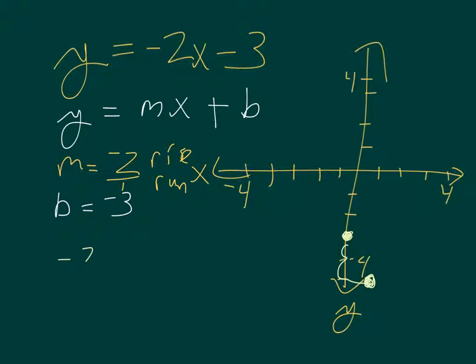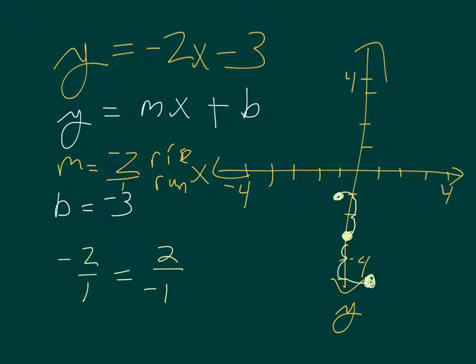Is there another way I could do it? Actually, yes. Negative 2 over 1 is the same as 2 over negative 1, because they both are negative 2. So that means my rise is 2. So I go up 2, 1, 2. And my run is negative 1. So I go to the left 1 and I put my point.